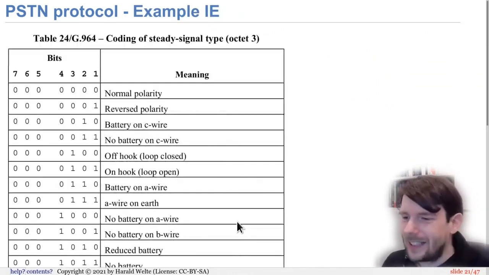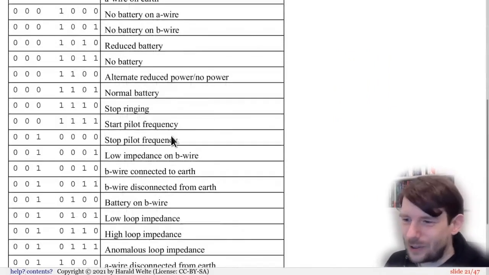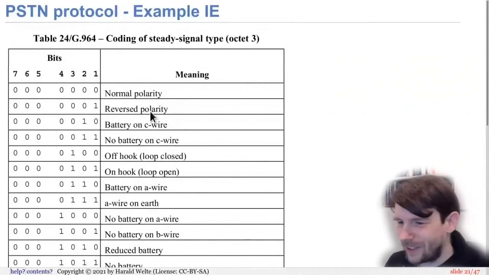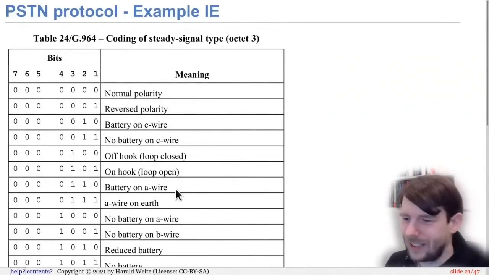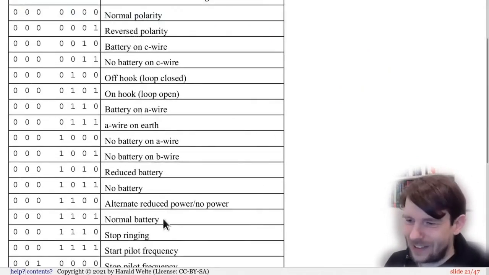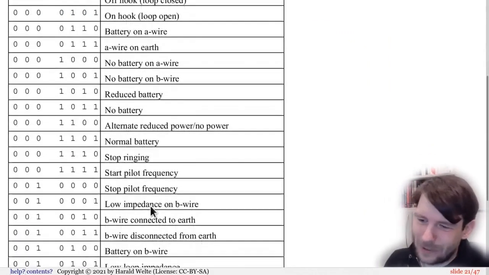Now, just to give you an idea about the many different states of signals that you can have on an analog line, this is just something to scroll through here. So it's not just on hook or off hook, but you can have normal and reverse polarity, and you can have some battery connected to one wire, or you can have the A wire connected to earth, or all kinds of things, or disconnect the battery, or creating pilot frequencies and changing low impedance and whatnot.